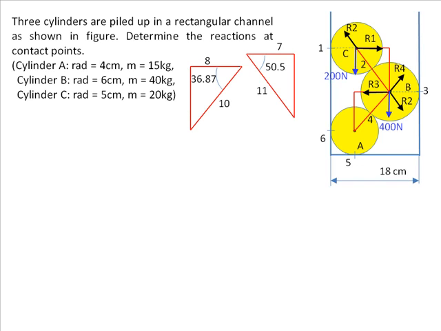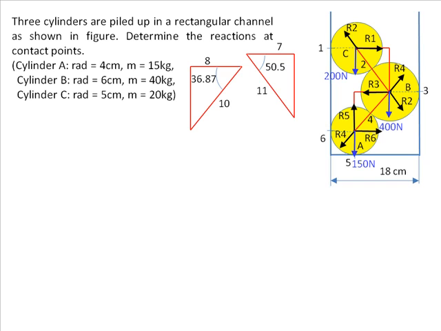You have to know that R2 has to be along the line joining the radius of B and C, and R4 is along the line joining the centers of A and B. The reason is these contacts are tangential, so the reaction direction has to be normal to the tangent, and therefore they have to be along the radius. Because two cylinders are involved, they can be along the radius of both only if they are along the line joining the centers. For cylinder A we have also drawn 150, then R4, R5 coming from the bottom, and R6 coming from the left end.